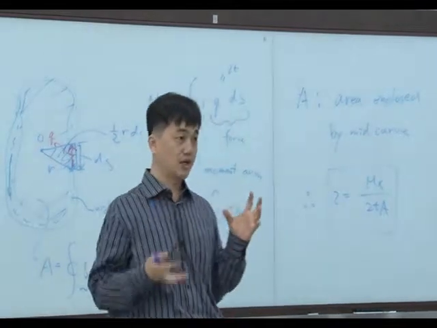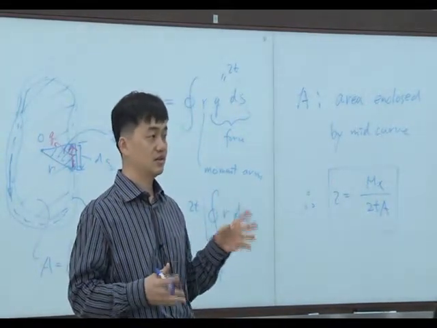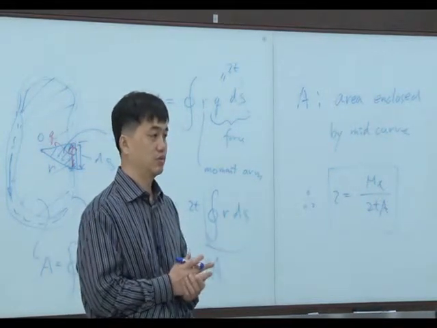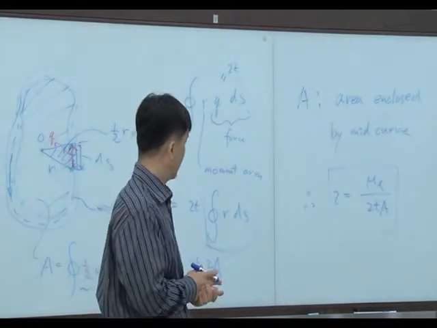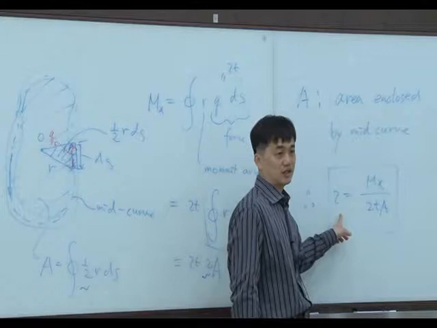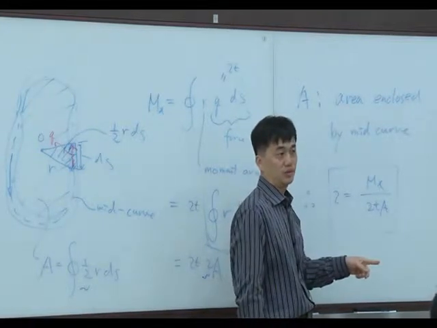Then we need to relate this shear stress with the kinematics, the twisting angle, right? Then what should we do? We need to calculate the shear strain by using the material law.